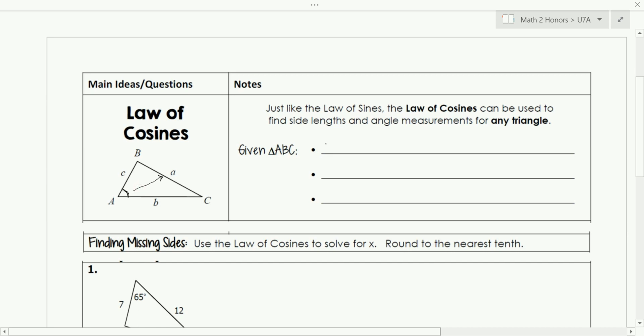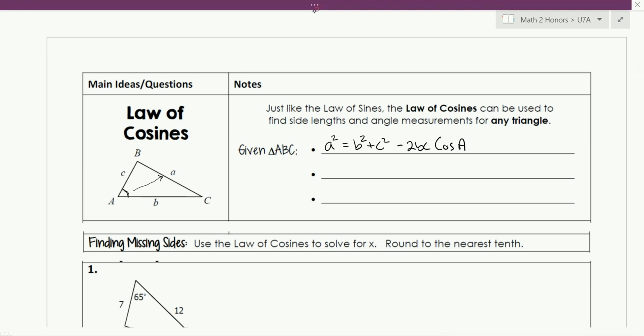So A squared is equal to B squared plus C squared minus 2BC cosine of angle A. All right, so it's a lot of stuff coming from somewhere, right? But this would be the law of cosines in that form, and there's a pattern to it.